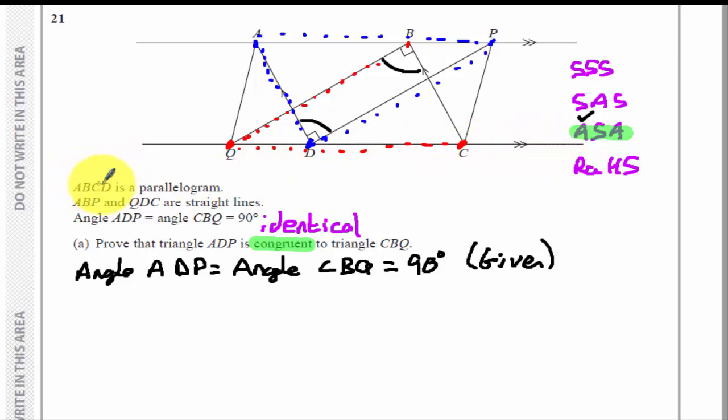We're told here that ABCD is a parallelogram. So this side, BC, and this side, because they're a parallelogram, they must be the same length.